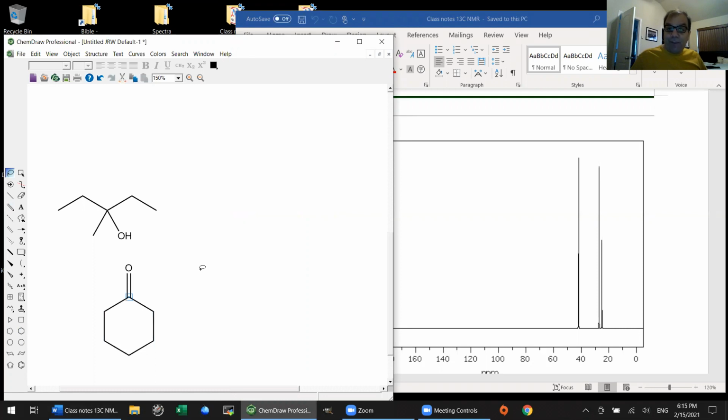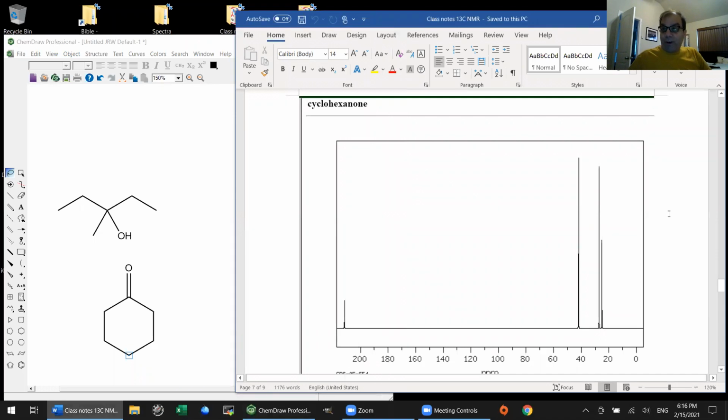We'd expect that one to be the furthest downfield, furthest to the left of the spectrum, because it's attached to an electronegative atom. And then we've got this type of CH2. There's 2 of them. Those are the ones one away from the carbonyl. We could say alpha to the carbonyl group. Then we have these 2 CH2s, which are different from those, but the same as each other. And then there's this unique CH2 on the opposite side of the ring. So I count 4 types of carbon. There should be 4 peaks. Lo and behold, there are 4 peaks.